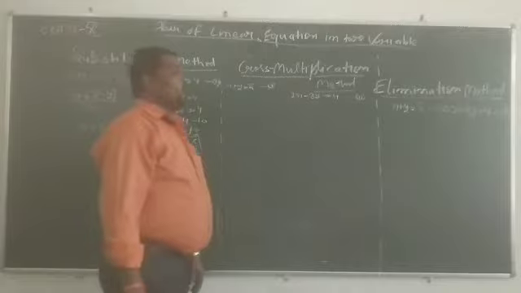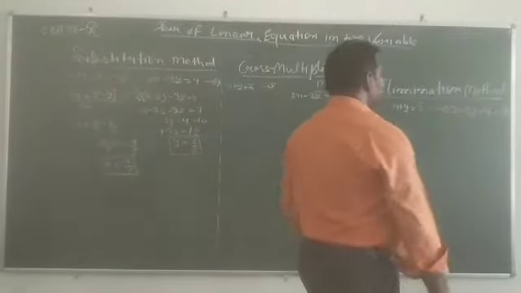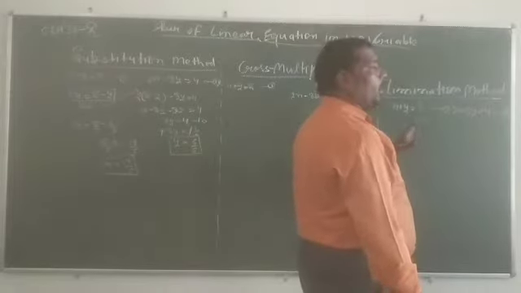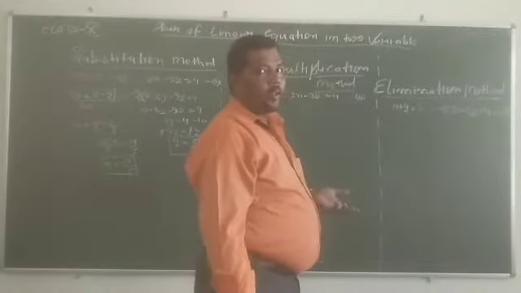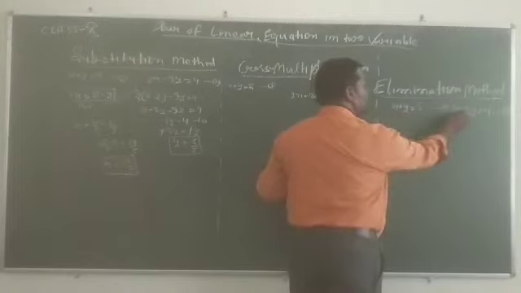Second one, elimination method. How can you solve by the elimination method, students? In the elimination method, it is compulsory that one step is equal, either x is equal or y is equal, as you want. You see here x and here 2x, here is y, here is 3y.